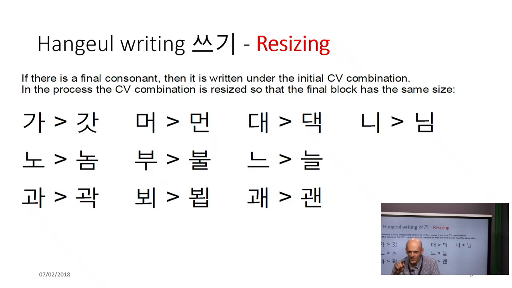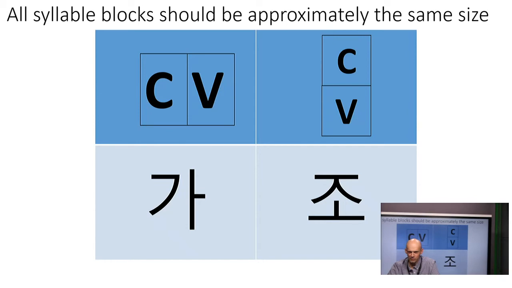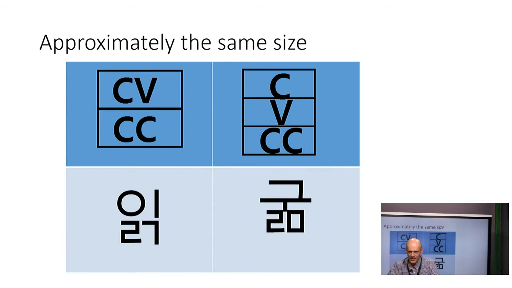That's why we give you these square boxes to write on, in a similar way to when you're writing Chinese characters. That's how you learn. So you'll notice here ga to gat, mo, mon, de, dek, ni, nim. Each time you add more consonants, the syllable block doesn't become bigger. That's very important to remember. If you make them all different sizes, your handwriting will look childish and difficult to read. So all syllable blocks should be roughly the same size.